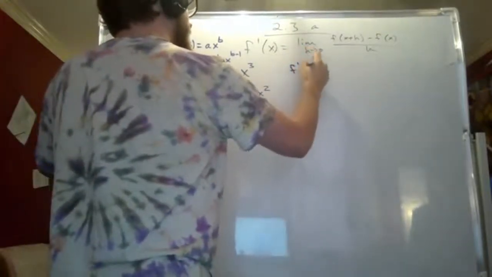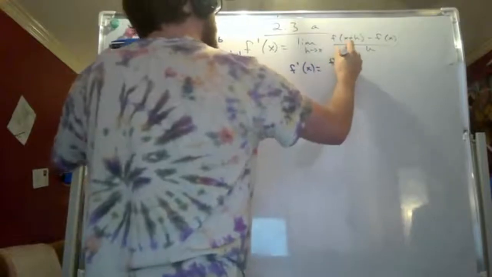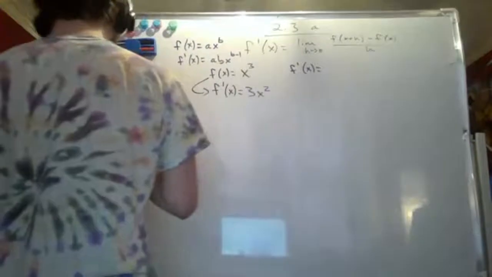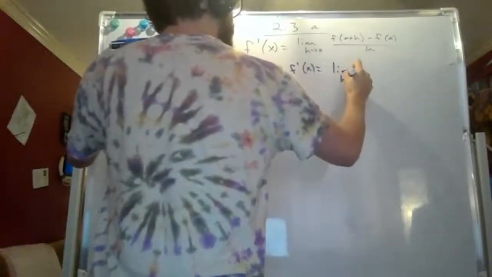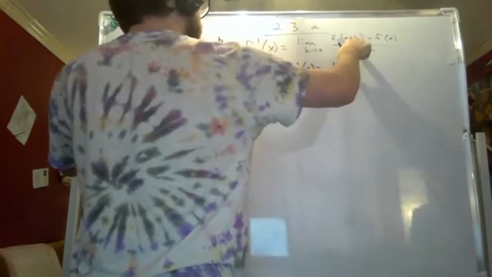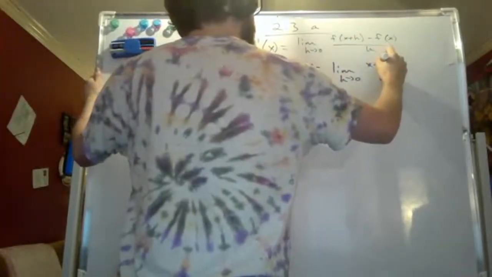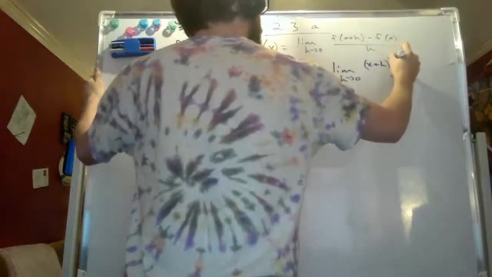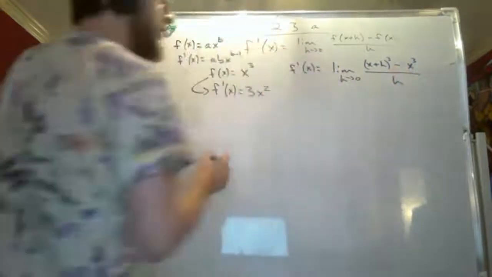So according to this definition, f prime of x is equal to the limit as h goes to 0 of f of x plus h. So I'm going to plug x plus h into my function. So I've got x plus h cubed minus f of x, which is just x cubed, divided by h.